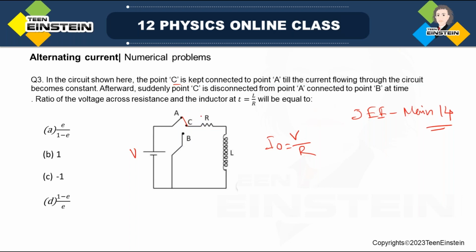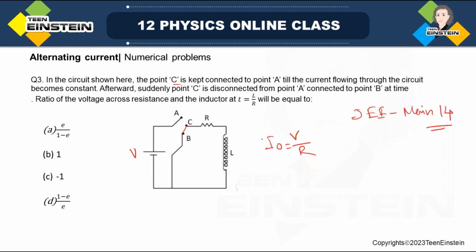Now as soon as the current has become constant, suddenly C is disconnected from A and connected to the point B. At time t equal to tau, t equal to L by R, the ratio of the voltage across the resistance and the inductor will be equal to what? You have to find out.